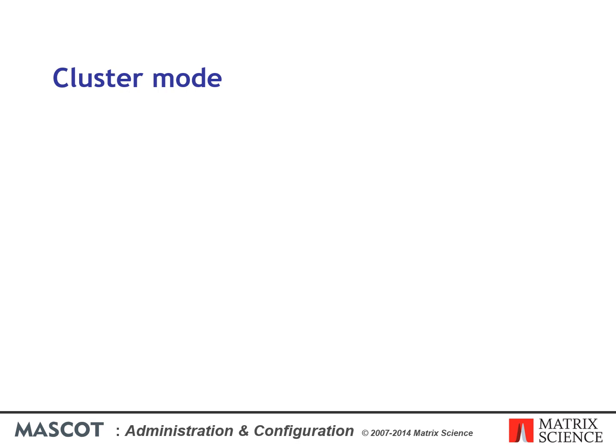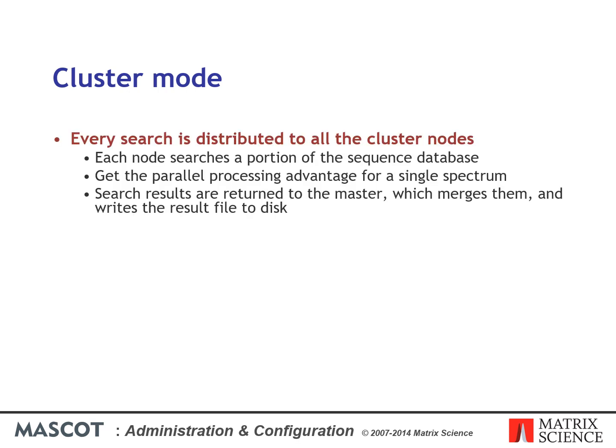In cluster mode, every search is distributed to all the cluster nodes, and each node searches a portion of the sequence database. This means that you get the parallel processing advantage for a single spectrum. Search results are returned to the master, which merges them and then writes the results file to disk.